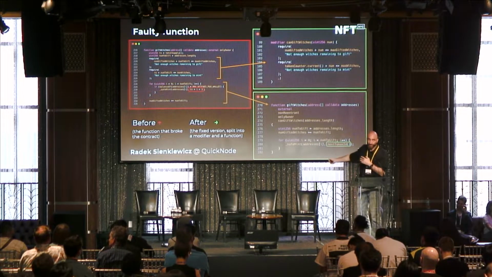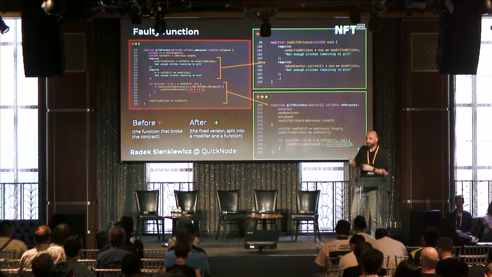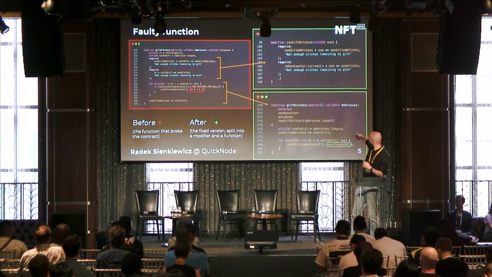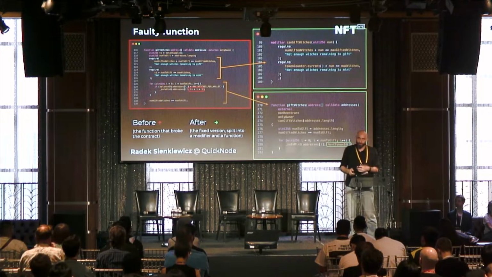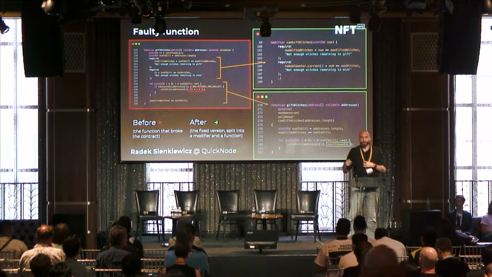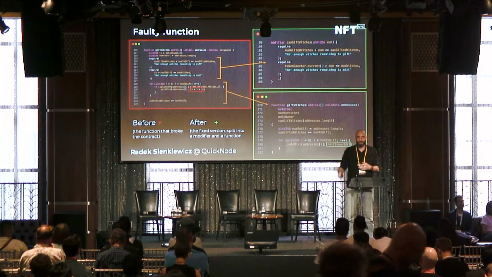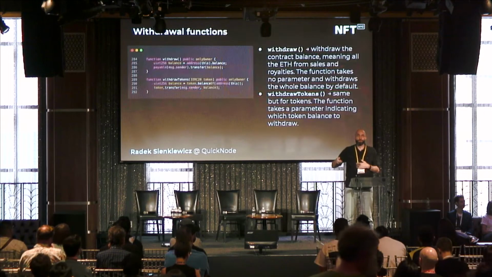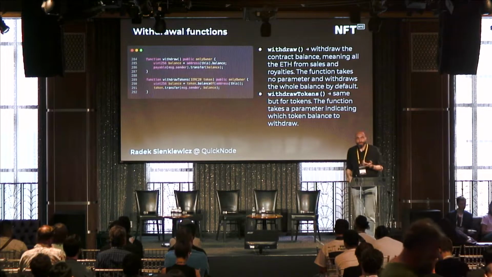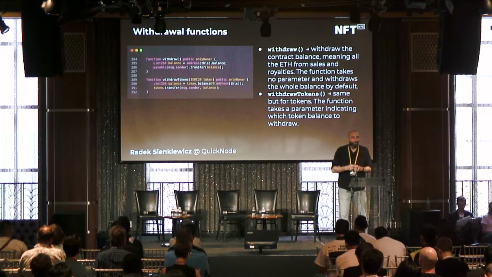It checks if you can actually gift it, and then it doesn't just do total supply plus 1. It has a separate function for actually increasing the next token. So that was one of the ways that was improved.